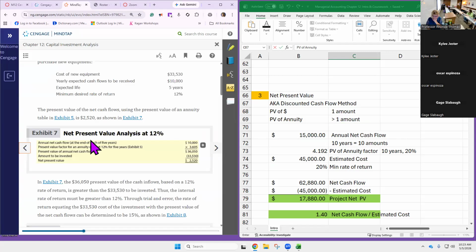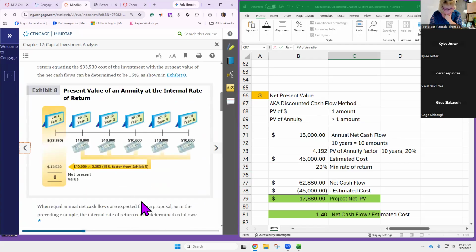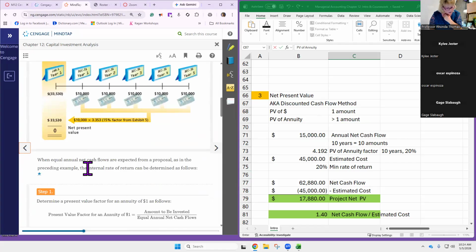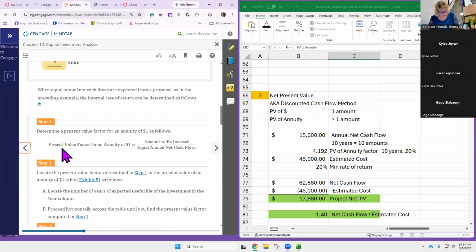Okay, so once again, that's the net present value analysis at 12%. That's this one. Now we want the present value of an annuity at the internal rate of return. So when equal annual net cash flows are expected from a proposal, as in the preceding, the present value factor of an annuity equals the amount to be invested divided by the equal annual net cash flows.